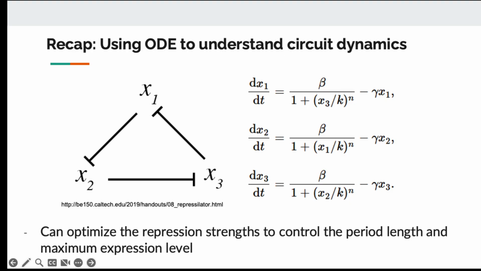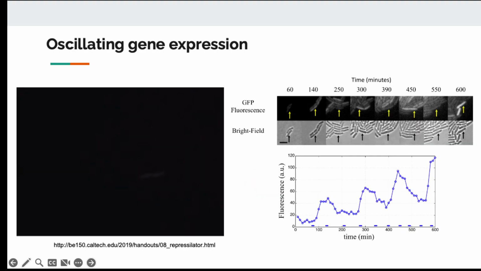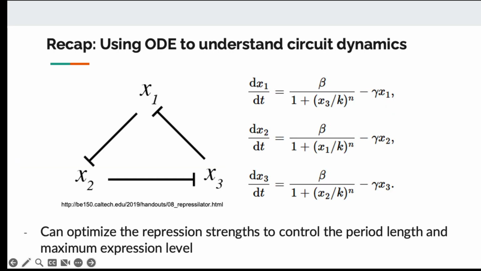Based on the binding strength of these genes, we can control the period, the time between each cycle, and the maximum expression level of each cycle. So you can use a differential equation to analyze the behavior of the system and maybe change the gene or the promoter, so that you can achieve the right period and the right expression level.